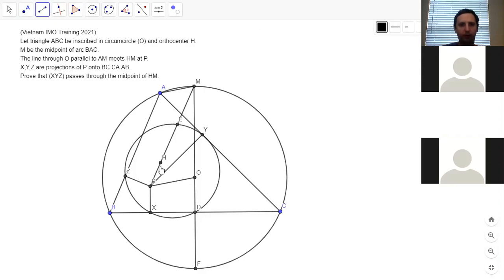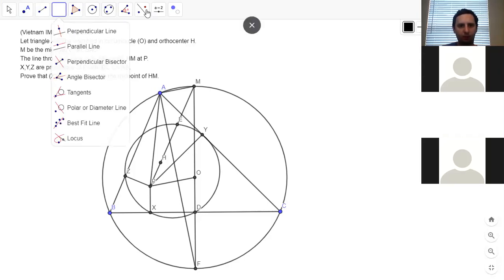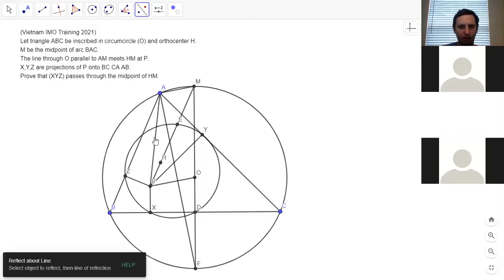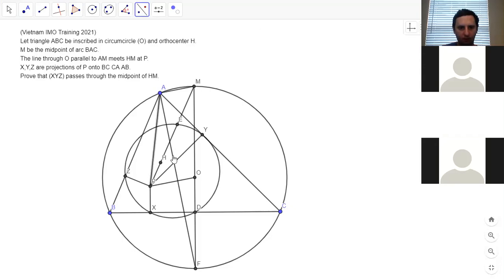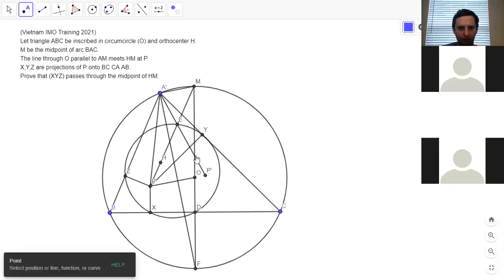Oh, I wanted the isogonal conjugate of P. So basically, here's the angle bisector at A. If I reflect P over that, or actually, I want to reflect this ray over it. So reflect about the line. So this point right here should be the isogonal conjugate.